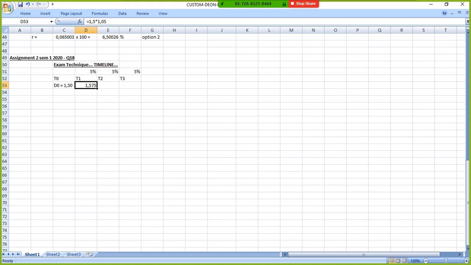So I've got 3 times I did it here. So I got 1.575 for T1. For T2, I've got 1.65375. Good. Let's check if I'm correct. Then the next one was 1.19125. No, the last one should be 1.73.